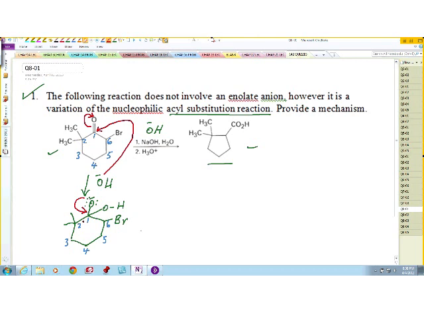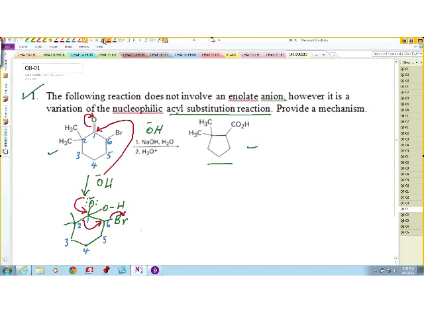And then when that happens, what is going to happen? So this bond will break, 1 and 2 will break. And then almost as though you are having an intramolecular SN2 reaction, the bromine will leave as a leaving group.